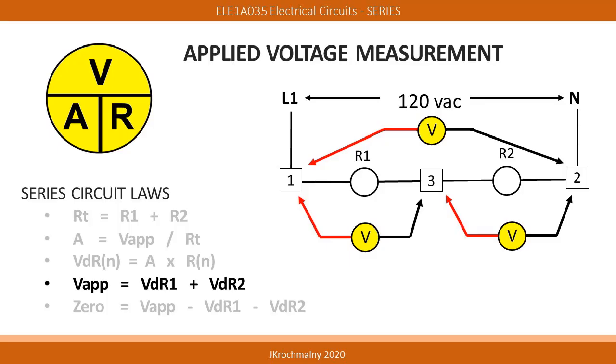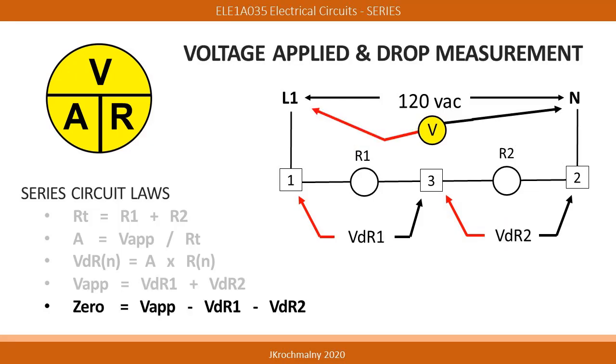VAPP equals VDR1 plus VDR2 plus VDR3 plus VDR4, etc. We can determine the voltage being applied to the circuit by installing the meter between terminals 1 and 2 or between L1 and N. The fifth and last law of series electrical circuits states that the voltage being applied minus all of the individual voltage drops across each load is equal to 0.